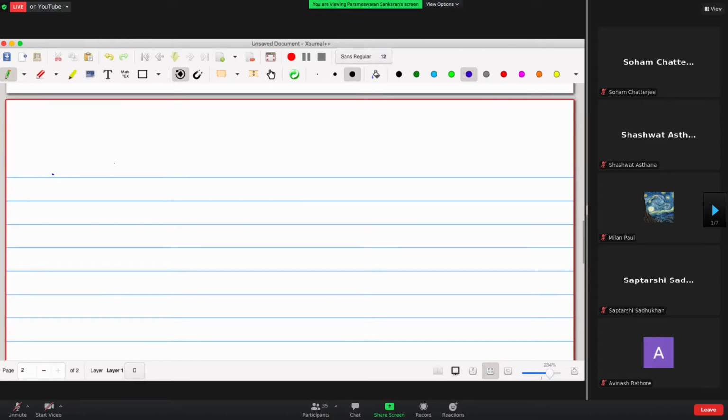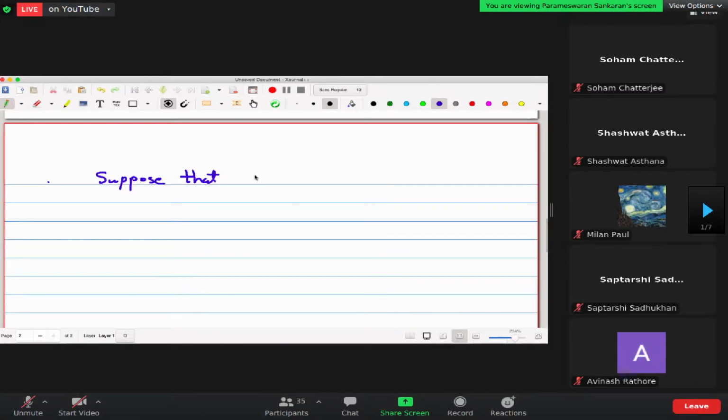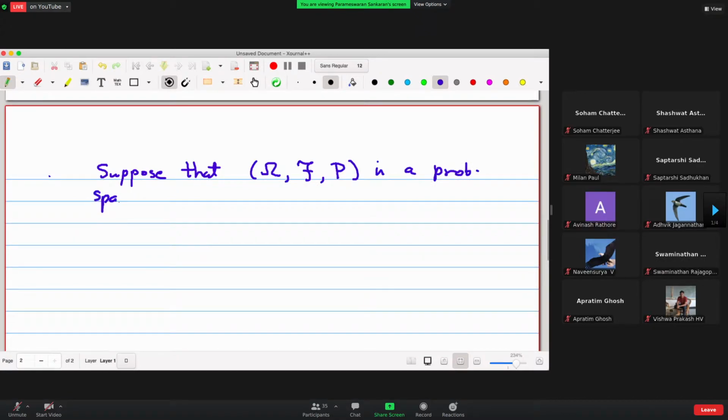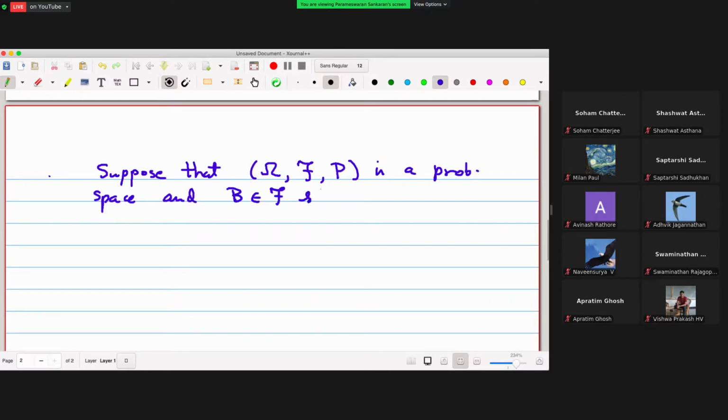Suppose that (Omega, F, P) is a probability space, and B is an event such that the probability of B is positive.